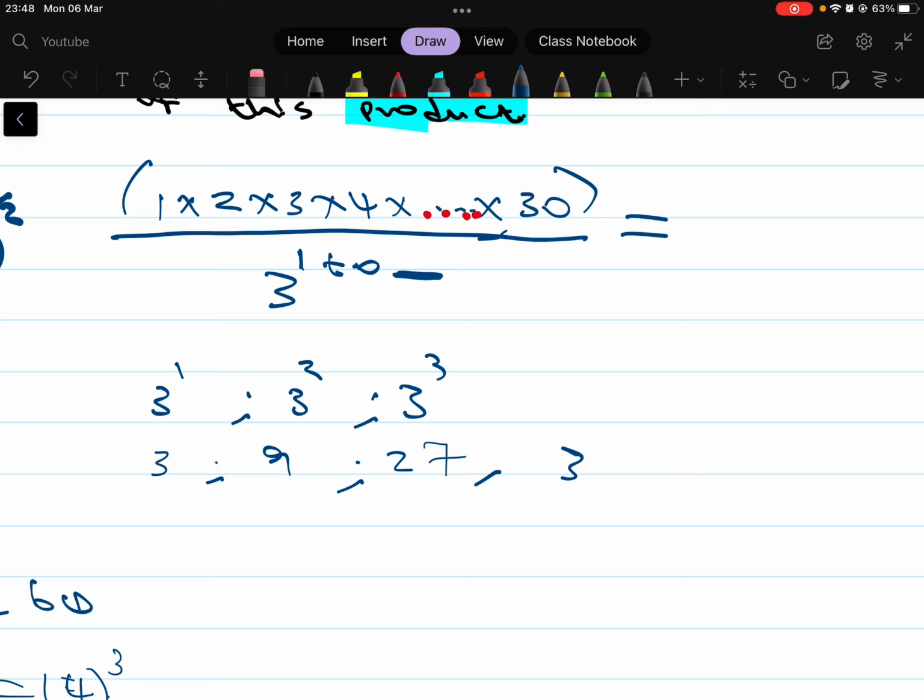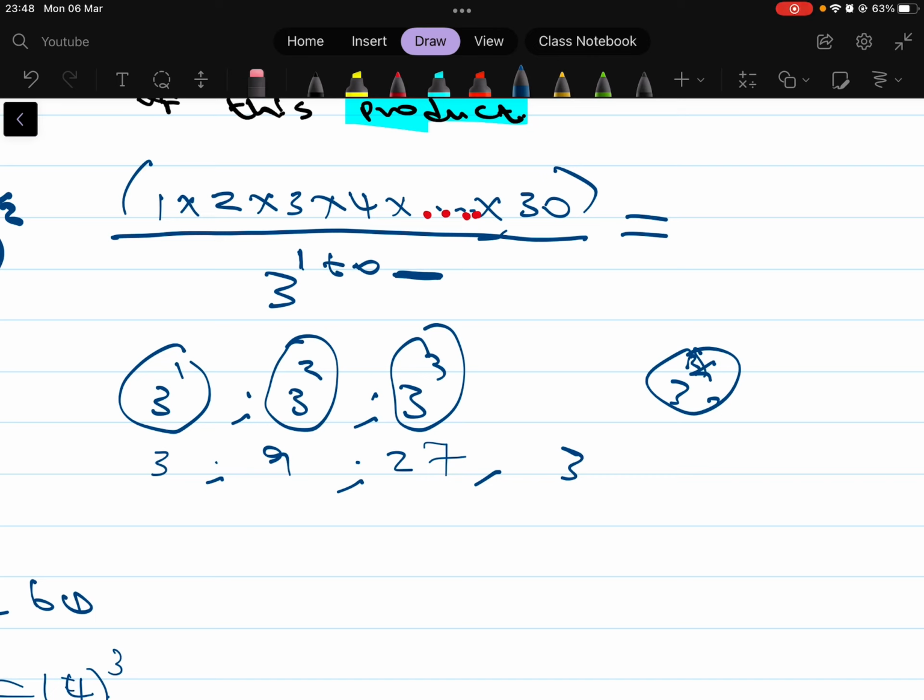30 cannot be written as 3 exponent something, but it has a 3 in it when you write it with its prime factors. So instead of only checking the values in the product which can be written as 3 exponent a certain number, you can also look at all the multiples of 3 from 3 until 30, because they all have 3 in them.